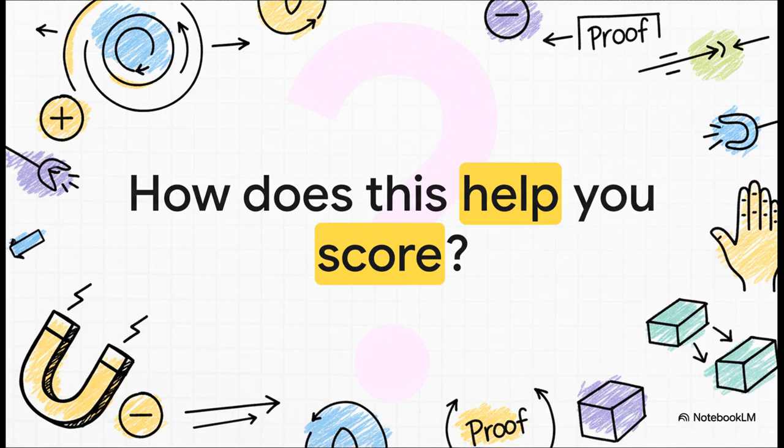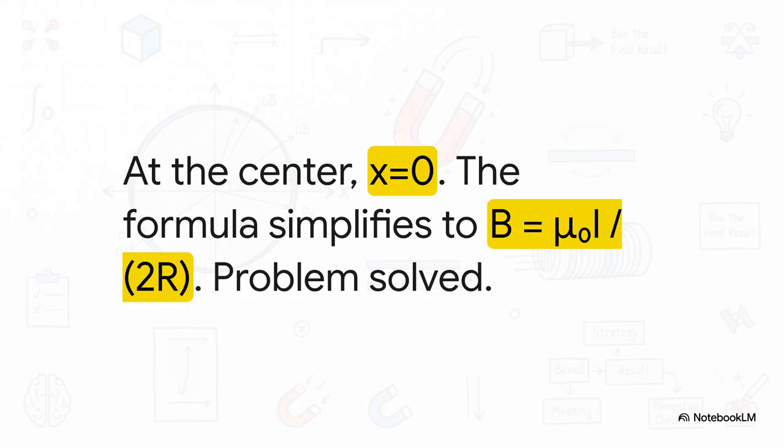So why on earth did we just go through all that? Because it lets you solve problems with absolute confidence. Let's take a look at an actual question from our quiz material, question 10b. It asks for the magnetic field right smack in the center of a coil and gives us the radius and current. Now, because we actually understand where our big formula came from, we know that at the center just means we set x equal to 0.